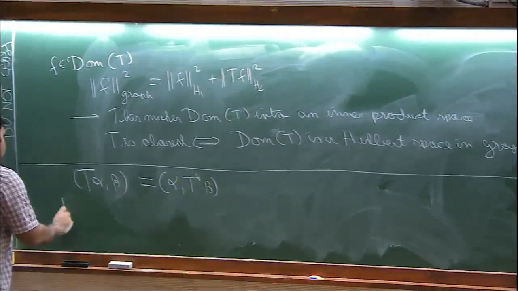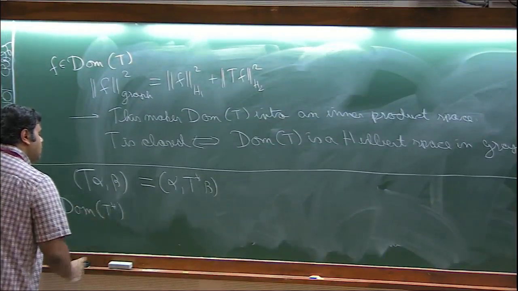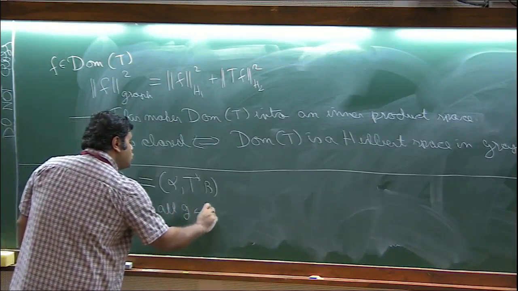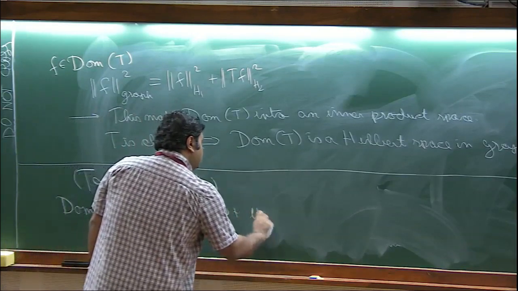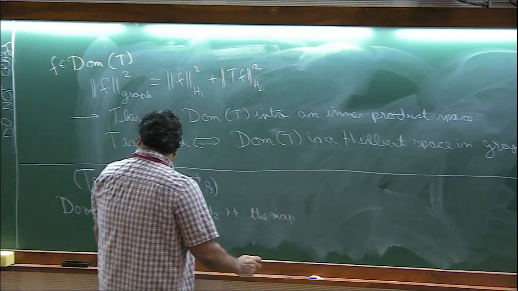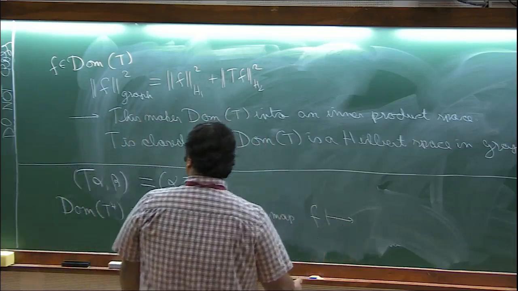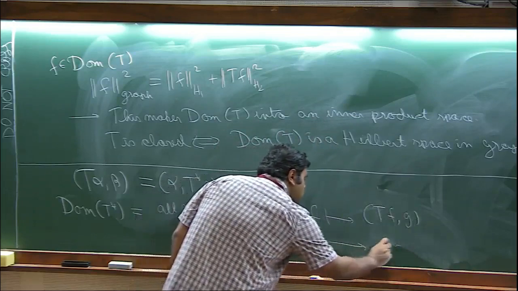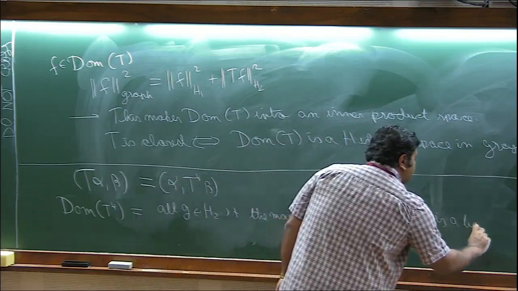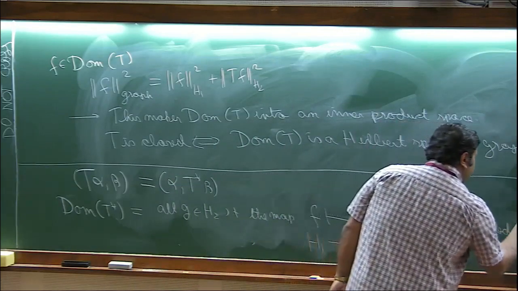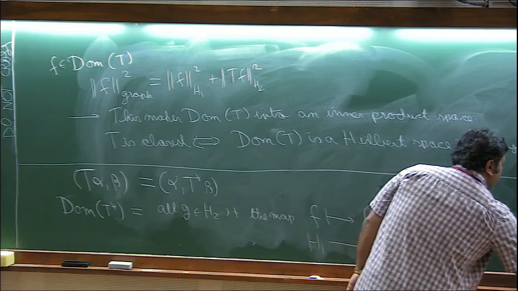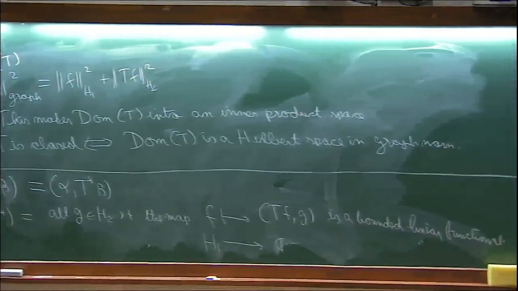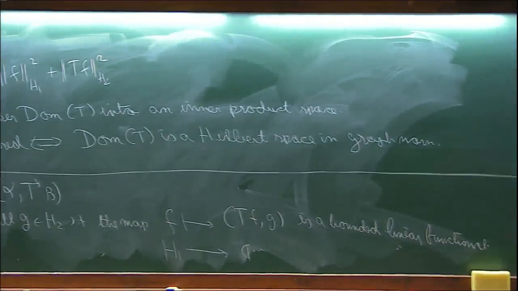We define first the domain of T star to be, and now one has to be careful, all g in H2 such that the map f goes to the inner product of Tf with g, a map from H1 to C, is a bounded linear functional. Once you have this definition, you can easily check.